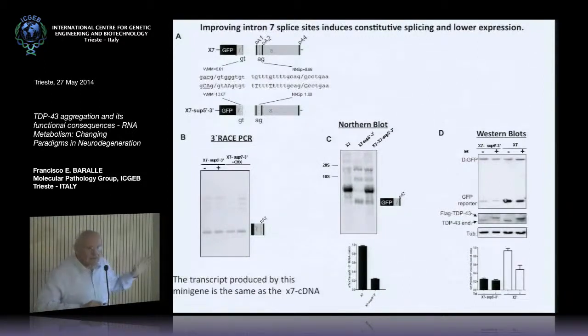So this type of process, if you synthesize the cDNA in vitro, works wonderfully. If you synthesize it in the cell through splicing, it doesn't. So the idea is that something during the splicing process marks this RNA for degradation, nuclear retention, or whatever it is.